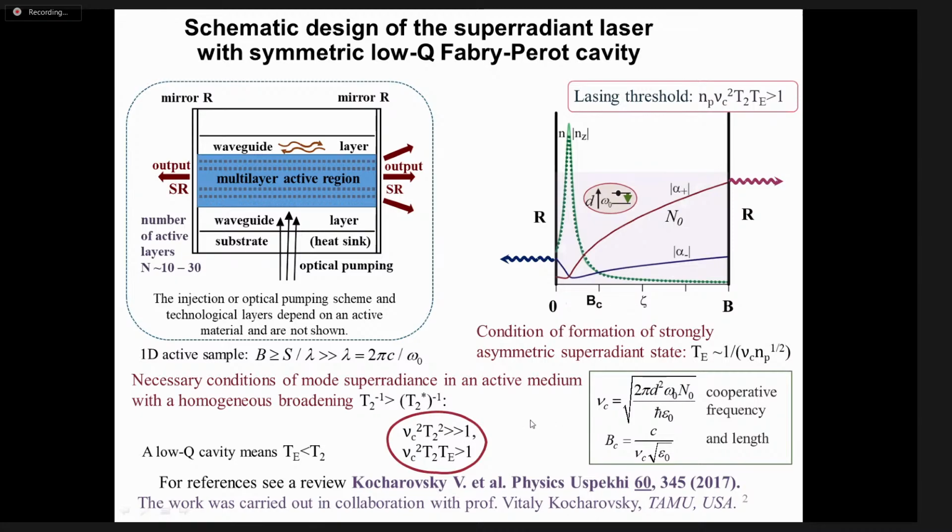And in all slides below, I will normalize the frequencies to the cooperative frequency and also the time to the inverse cooperative frequency and the length to the so-called cooperative length defined by means of this frequency.